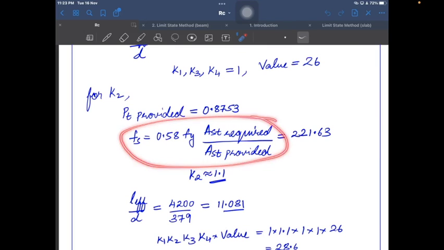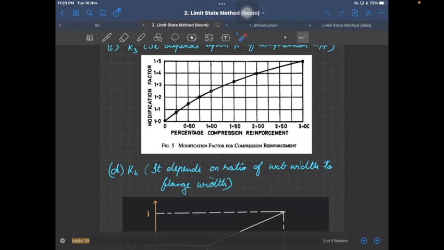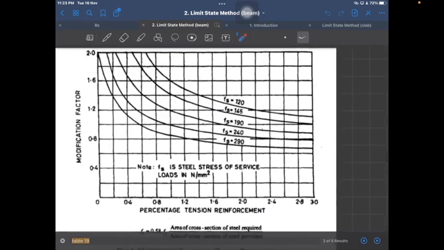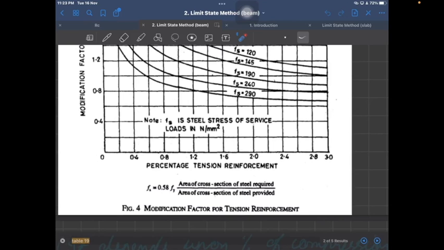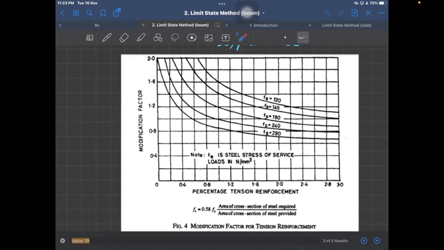Using this FS formula, you have your AST required and your AST provided, and you get FS. Then go to figure 4 of IS 456. There you have to draw your FS curve based on these curves.